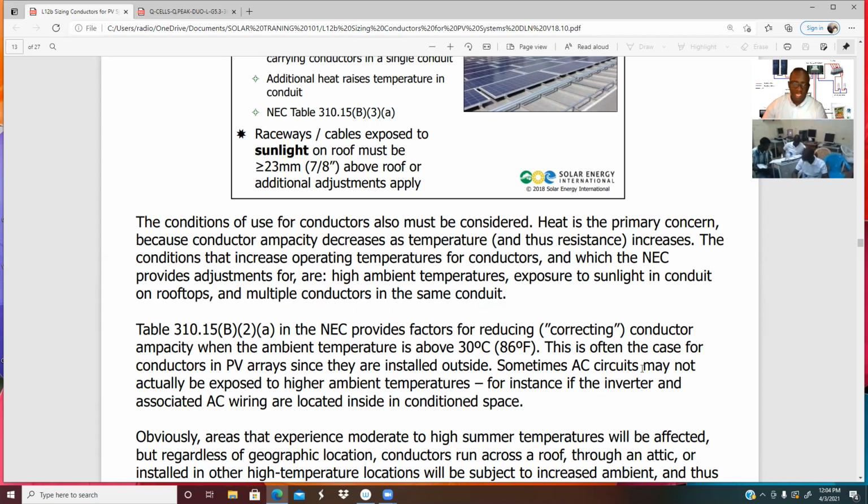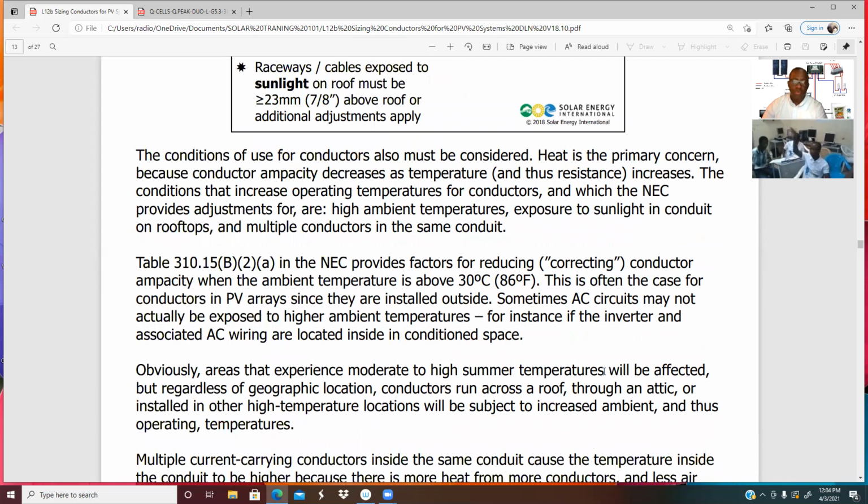This is often the case for conduit in PV arrays, since they are installed outside. Sometimes the AC circuit may not actually be exposed to higher ambient temperature, for instance if the inverter and the associated AC wiring are located inside conditioned space.